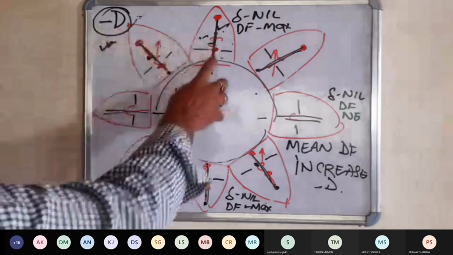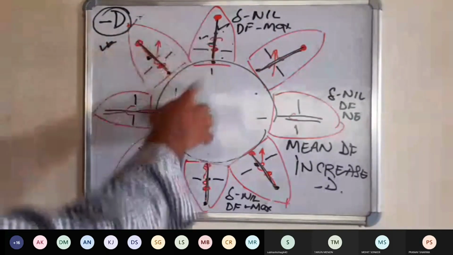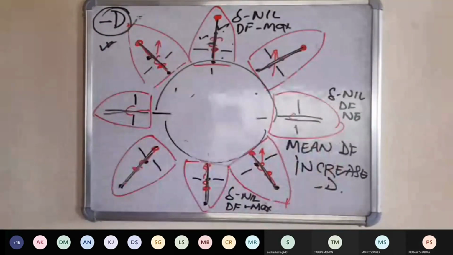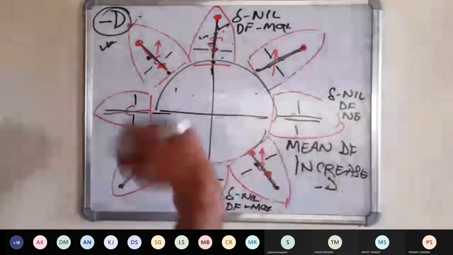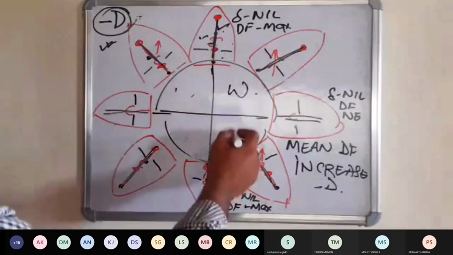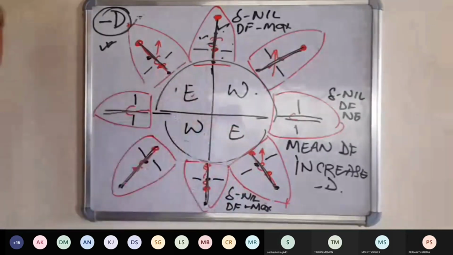So again, when we talk about the minus D, in one condition the mean DF will be increased, in another condition mean DF will be reduced. However, the deviations which are going to be caused are opposite: what was easterly becomes westerly, easterly, westerly, easterly.